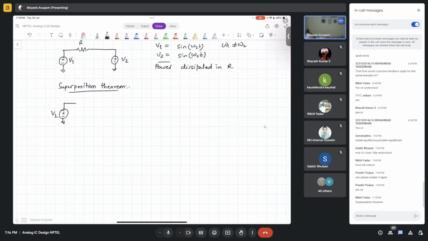Let's say I just want to see what happens because of this V1, with R1. So superposition theorem you can apply. What do I do next? By application of superposition theorem, what do I find here?